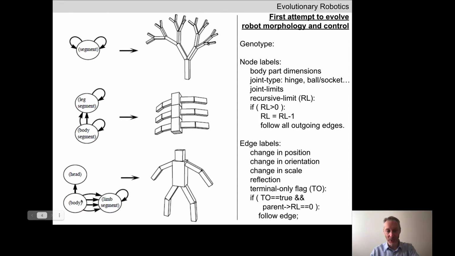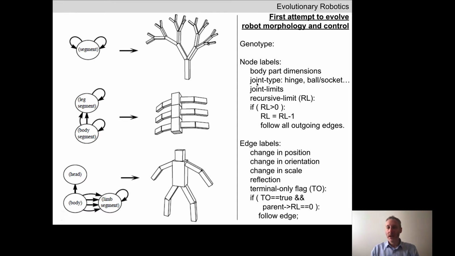So here's another example. Here we have a body, and there's information in here about the length, width, and height of the body. As we travel along this edge, there's information in here about the length, width, and height of the head. There is also information in here about the joint that connects the head to the body.